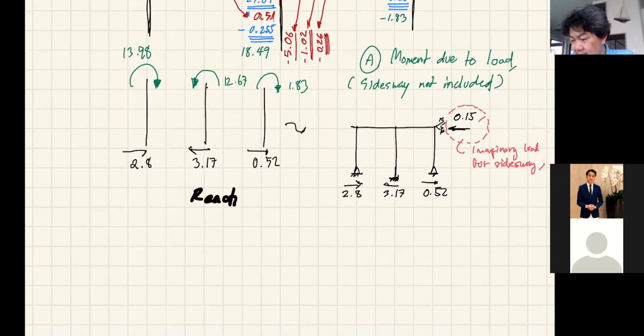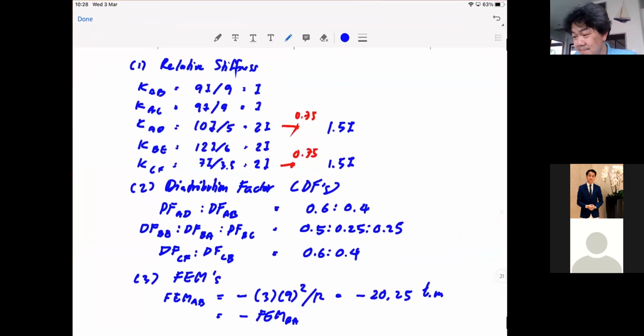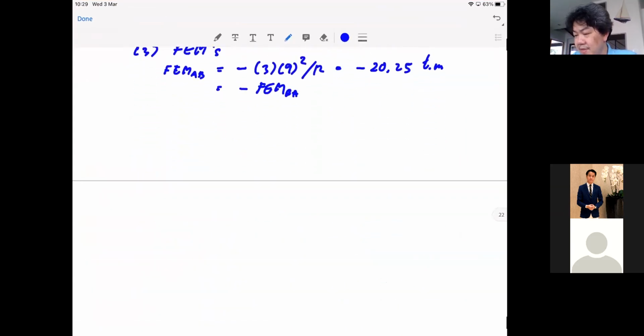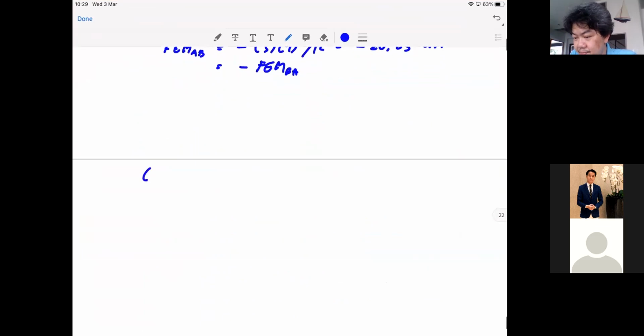This is the reactions. And we are going back to this. Okay. Now it's the third step of the category B: fixed end moment due to side sway.